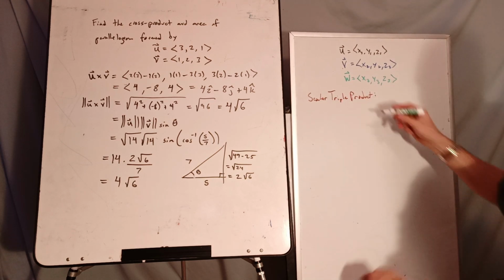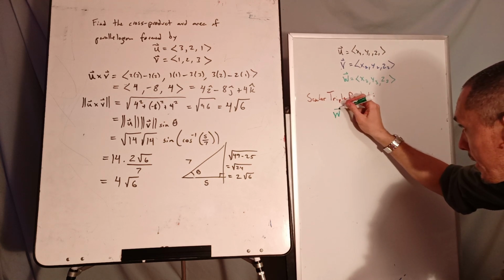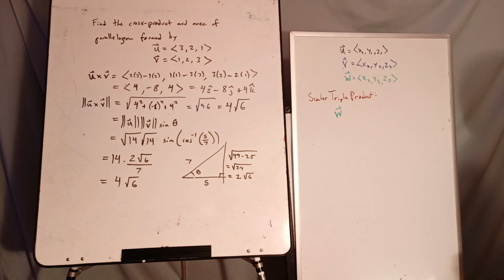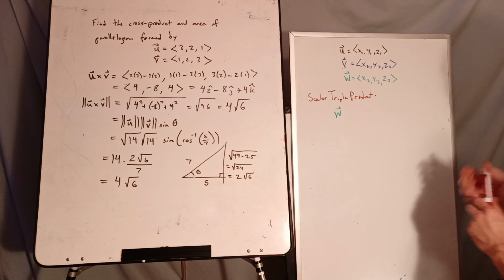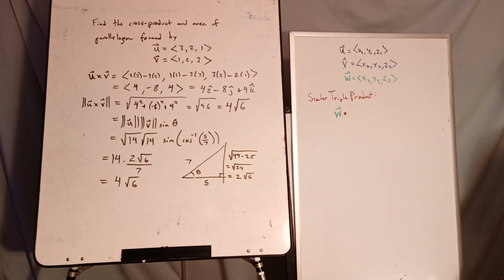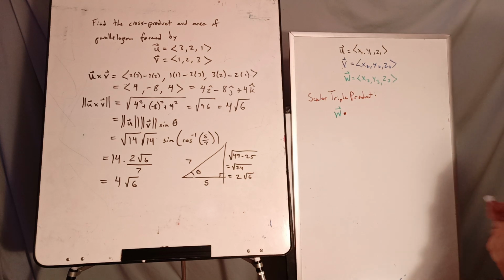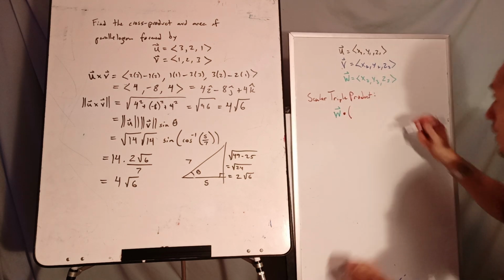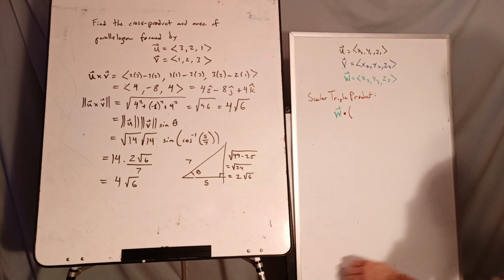It doesn't really get its own symbol usually, but it's the following sequence of things. You dot w with the cross product of u and v.